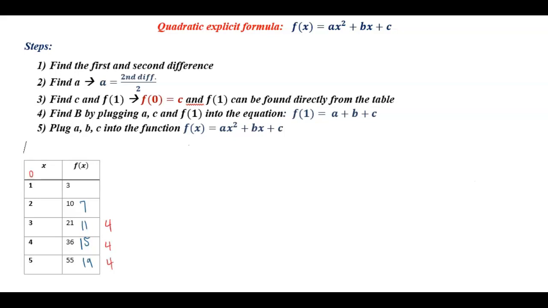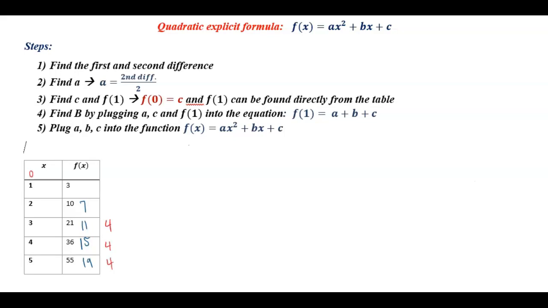I'm going to go backward to get that 0 term. 19 minus 4 is 15, 15 minus 4 is 11, 11 minus 4 is 7, and 7 minus 4 will be 3.